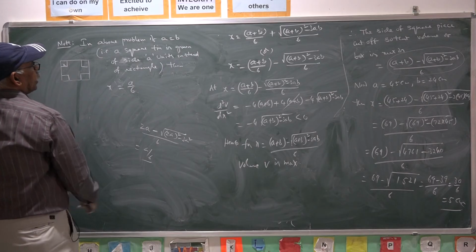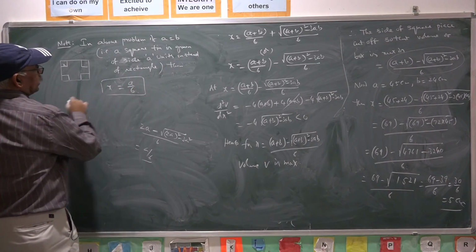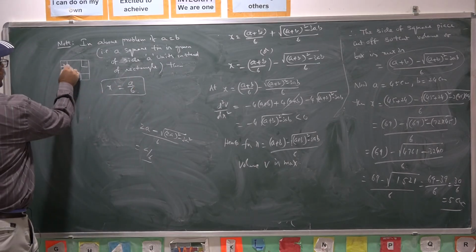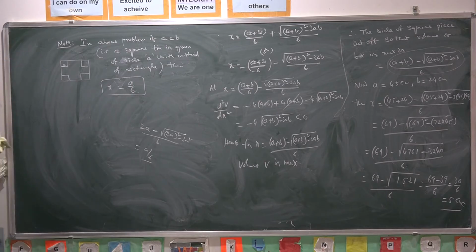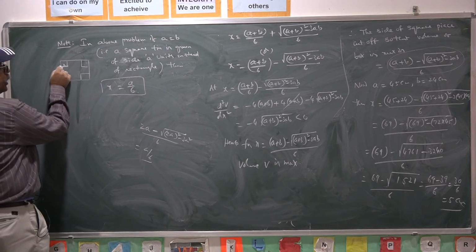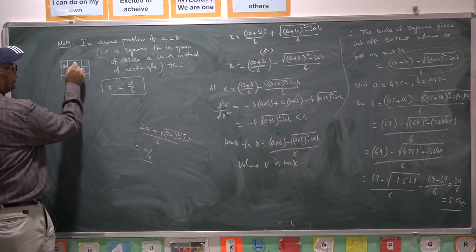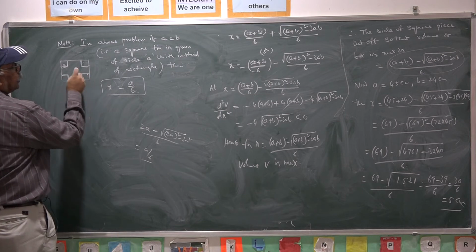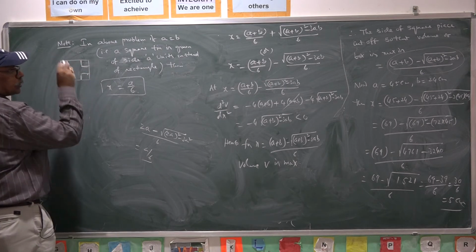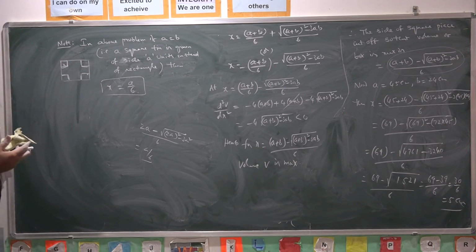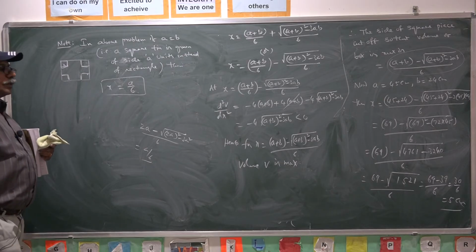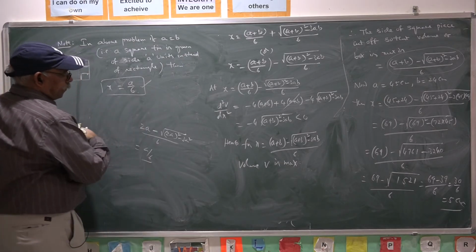Then it becomes a by 6. So this square piece side becomes a by 6. Once you cut off a by 6 units square from the corners only, the constructed box volume is maximum. That is the formula here.